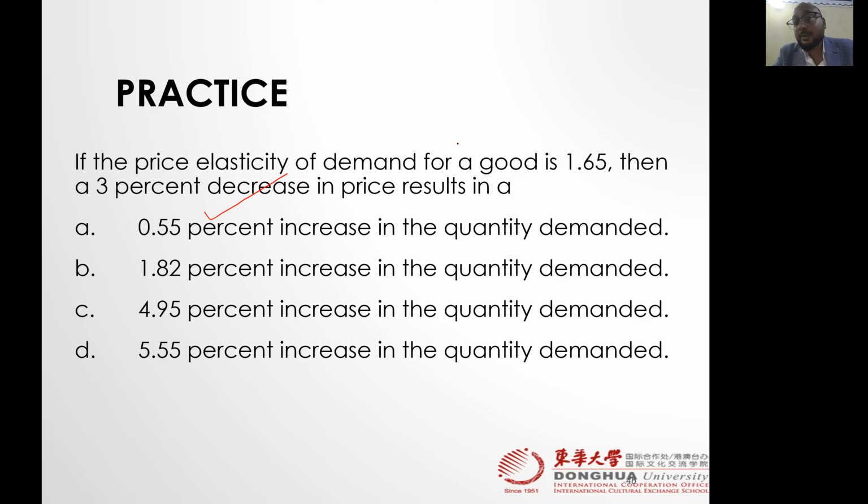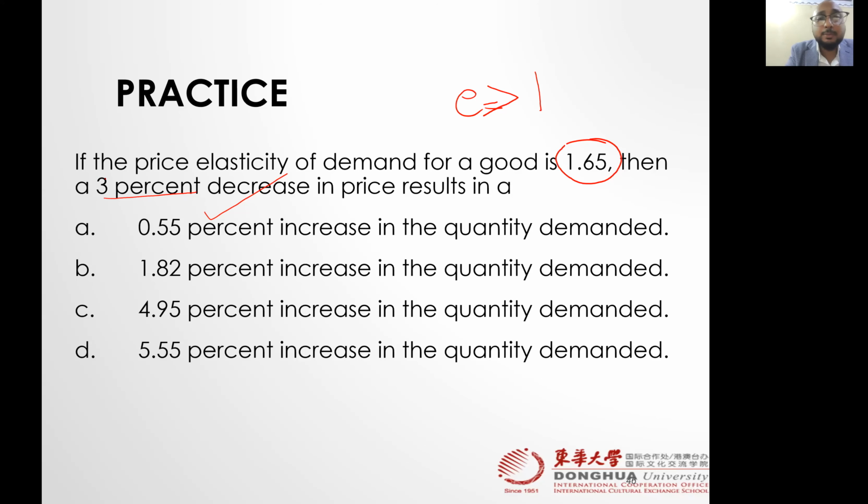Guys, what is the logic here? If the elasticity value is greater than 1, then it is more elastic. So A can never be the answer. Why? Because there is a 3% decrease in price and the elasticity value is more than 1.